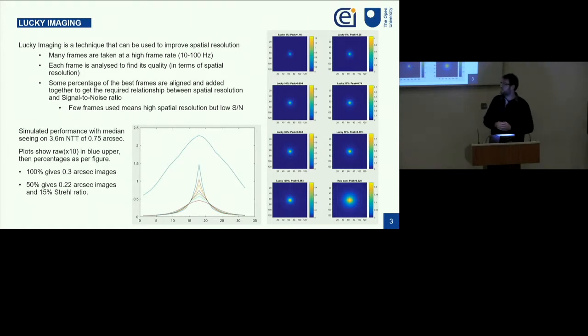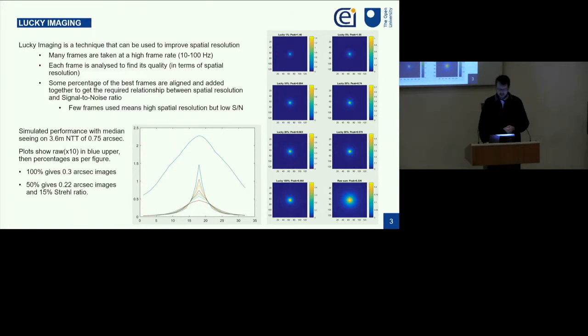On the NTT that would mean that with just 100% selection and tip and tilt correction, you can get down to 0.3 arc seconds generally, and of course with higher selectivity you get even better resolution and higher Strehl ratio.